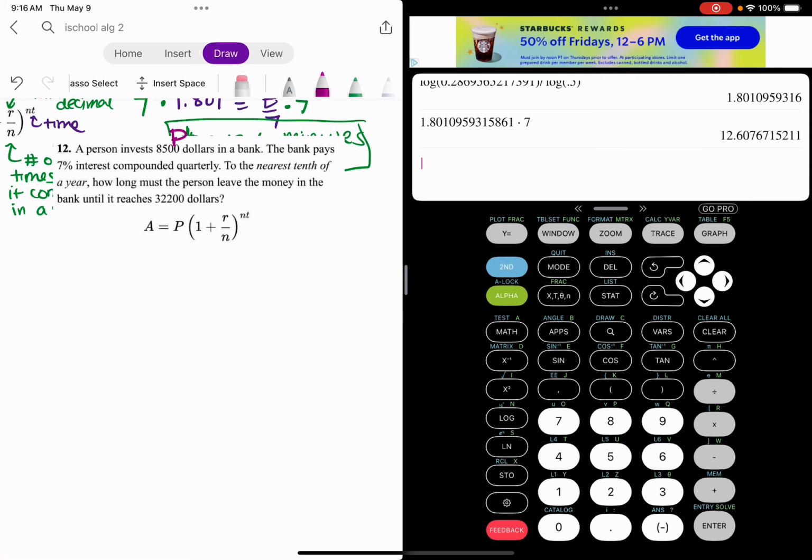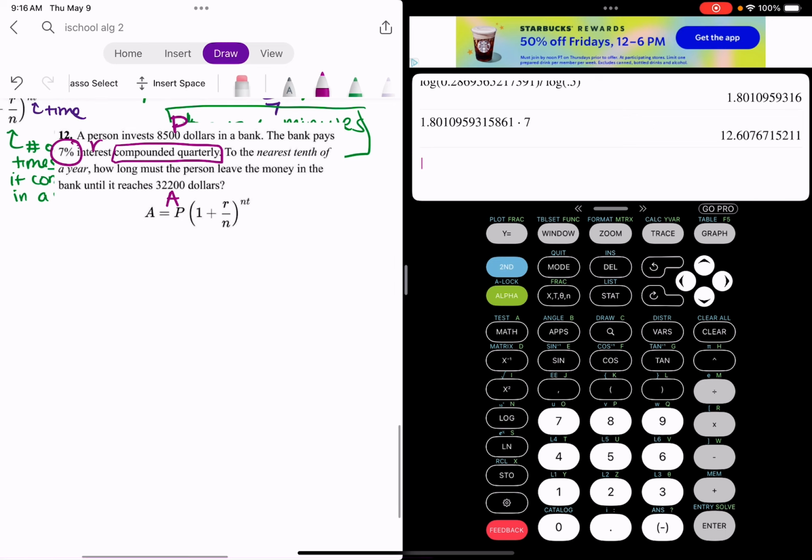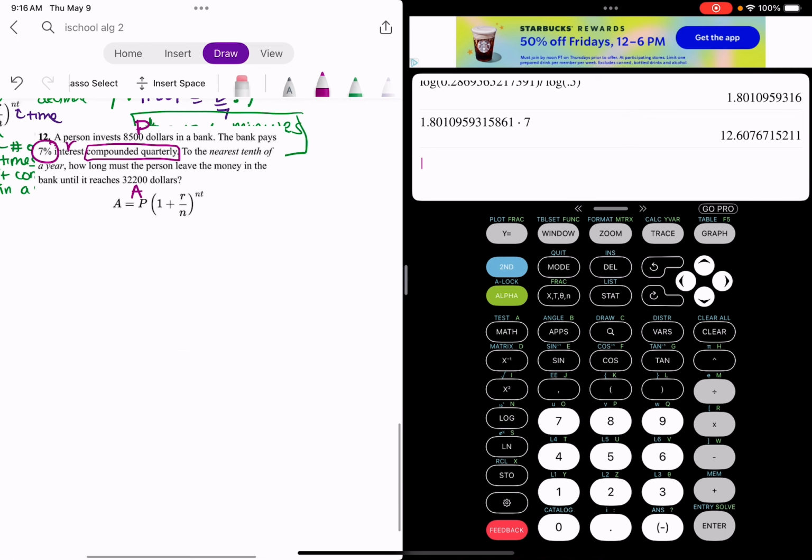The bank pays 7% interest compounded quarterly. To the nearest tenth of a year, how long must the person leave the money in the bank until it reaches this amount of money? Okay, now the other thing, it's telling you that it compounds quarterly. So if something happens quarterly, you have to ask yourself, how many times does it happen in a year? The answer would be 4.